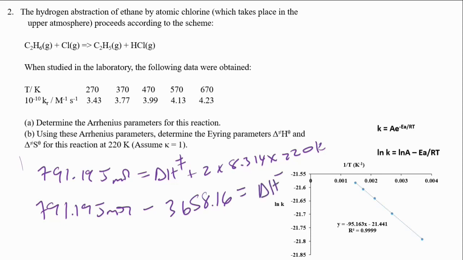All right, and of course, remember we always report our numbers with units, right? Okay. So the delta H of activation comes down to be something like, let me calculate that.